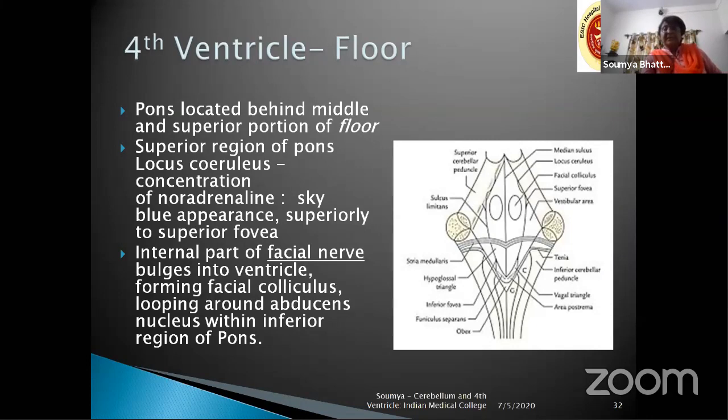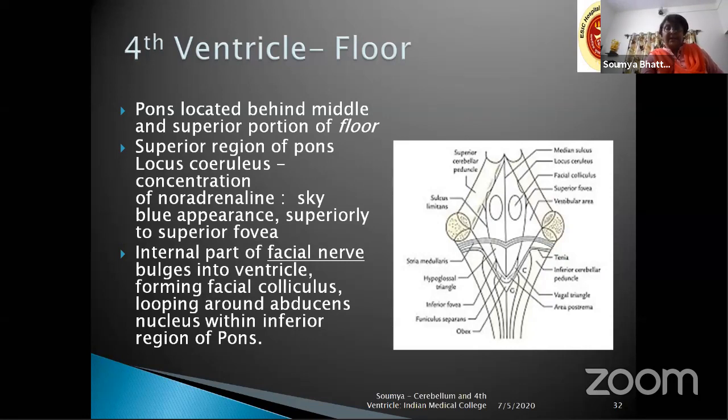The floor of the fourth ventricle is against the pons. So adjacent to the superior fovea, it has a little part of the locus ceruleus. What is locus ceruleus? It's the concentration of noradrenaline, and it is superior to the superior fovea. It gives a sky blue appearance.